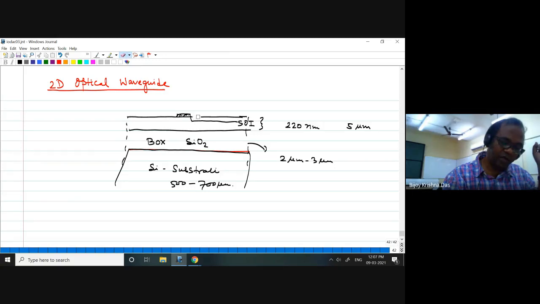In microelectronics terms this is called etching. You are doing etching here, and this side also it will be etched. Then you can remove your mask, and you get this type of structure.